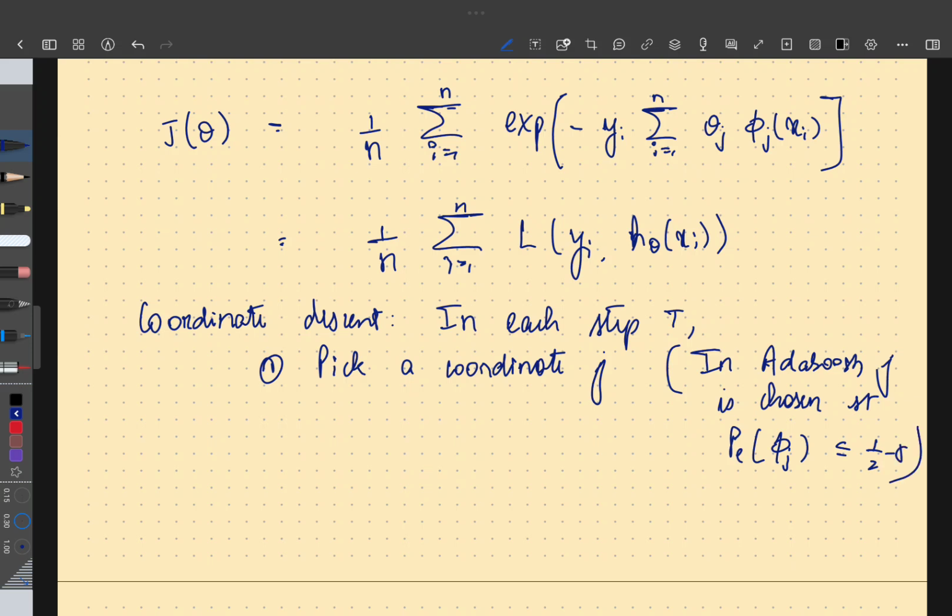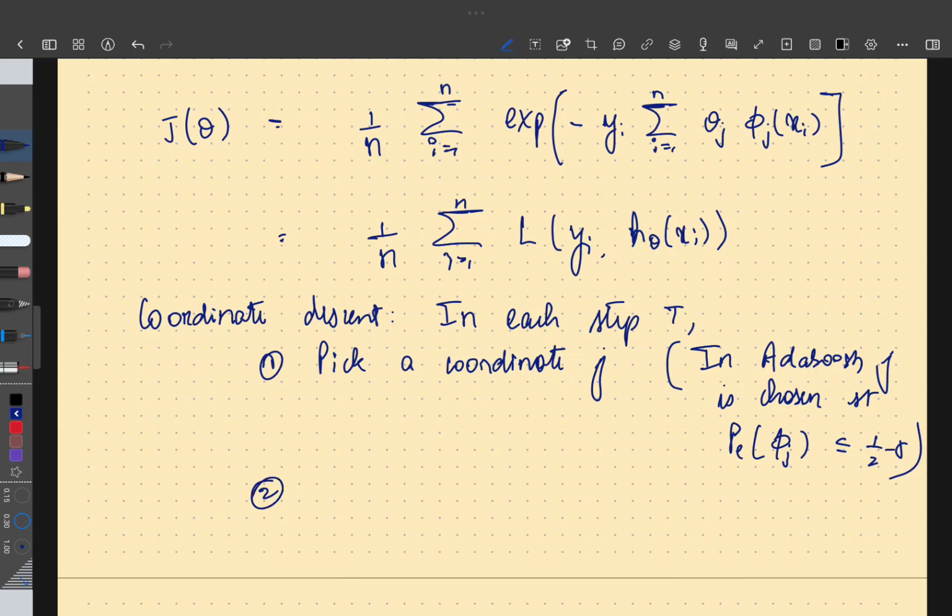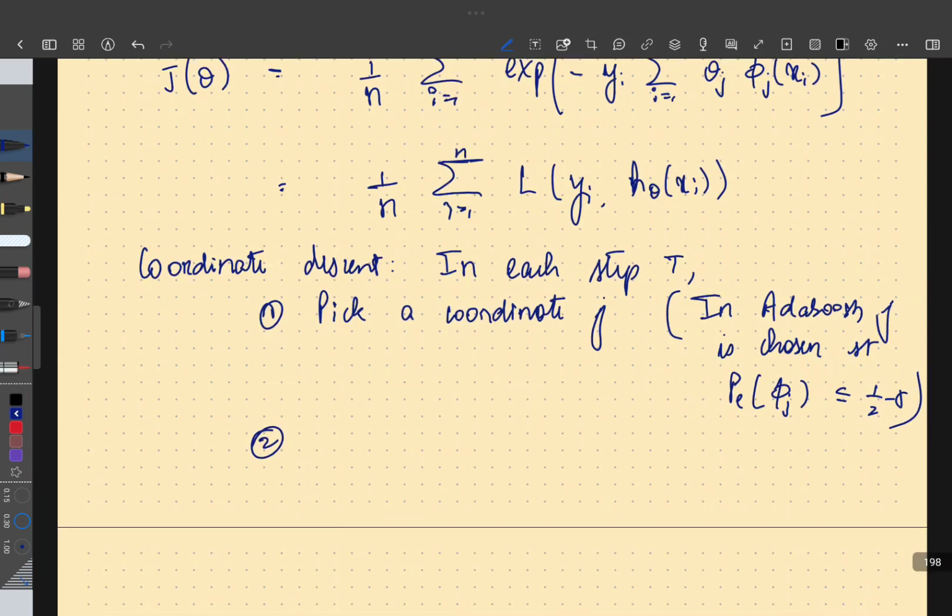So you'll only pick one such coordinate which gives a small enough probability of error with respect to the distribution in the t-th step. And once you pick the j-th coordinate, you only update theta_j. You leave all of the other theta_i's as they are, but you only update theta_j.